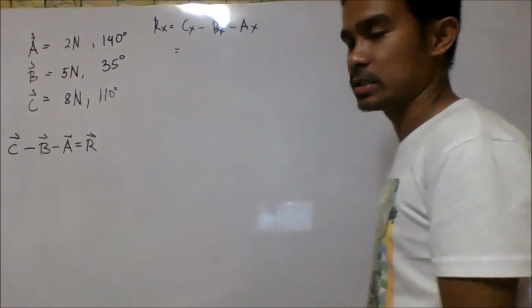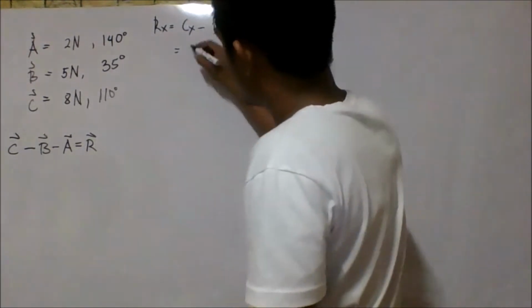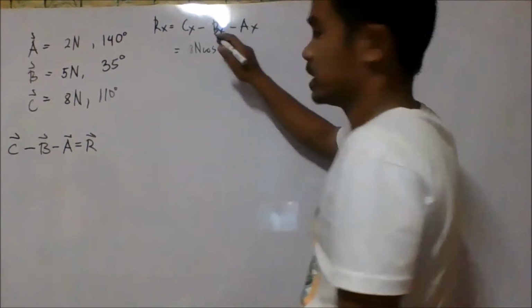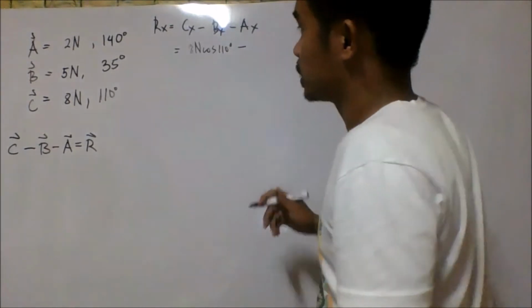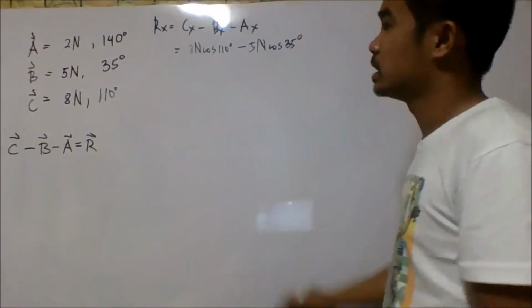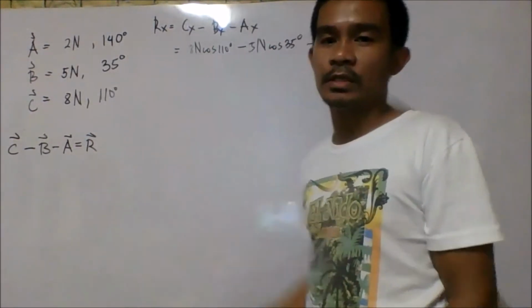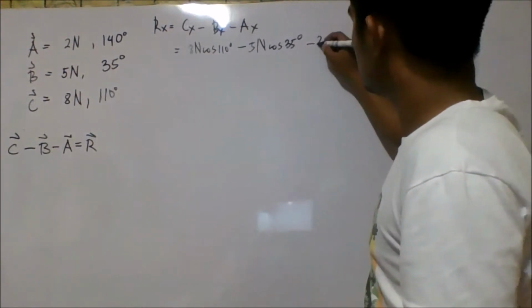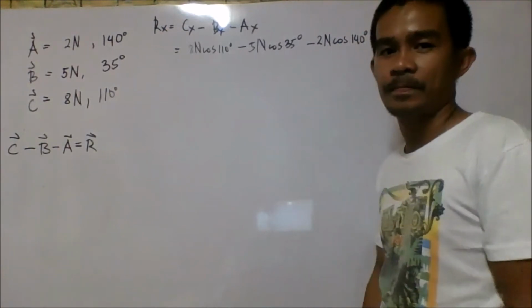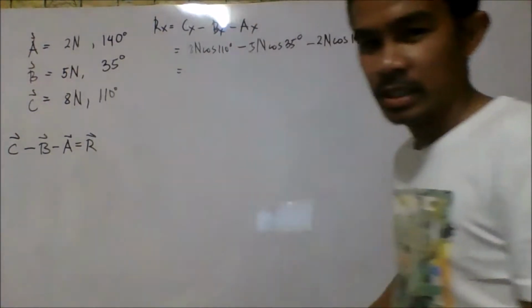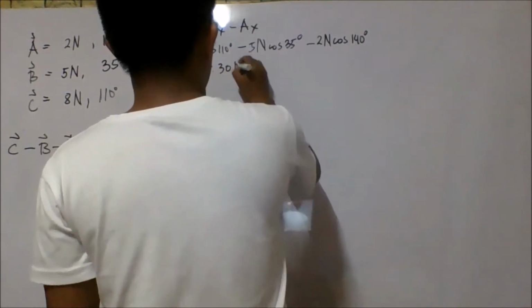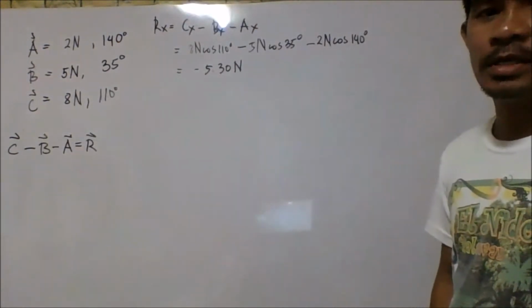So what is this C of x? We have 8 Newton cosine of 110 degrees minus the x component of vector B, which is 5 Newton cosine of 35 degrees, and then minus the x component of vector A, which is 2 Newton cosine of 140 degrees, and that is approximately equal to negative 5.30 Newton.